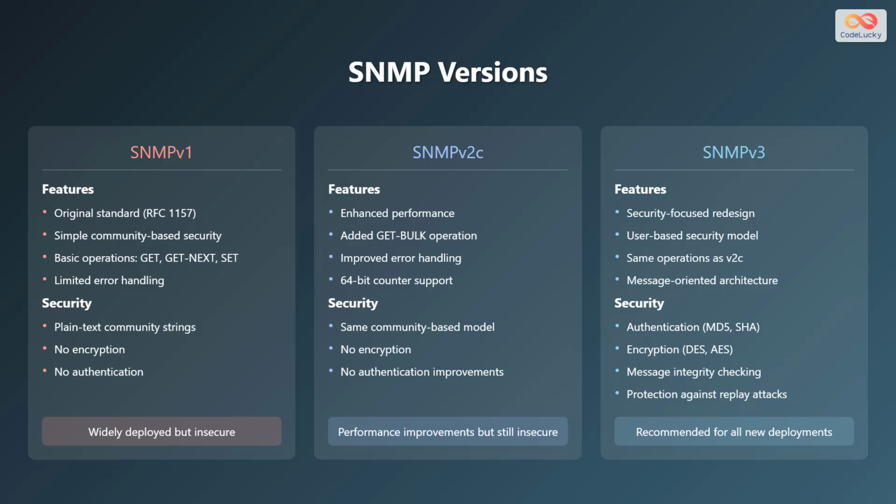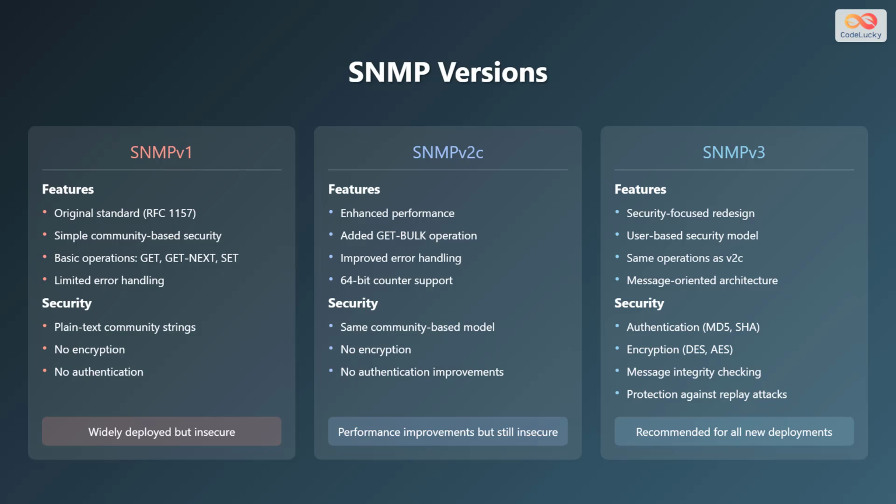SNMP version 1 is widely deployed but is insecure. SNMP version 2C enhances performance by adding get bulk operations, improving error handling, and supporting 64-bit counters. However, it uses the same community-based security model as version 1, with no encryption or authentication improvements, making it still insecure.